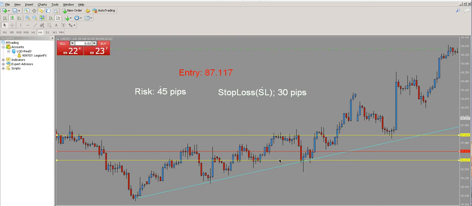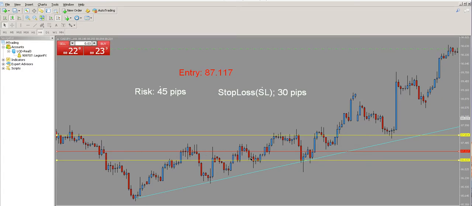You'll get a message in the Telegram. It'll pop up and say the pair that we're looking at, CAD JPY. It'll give you where we entered the market, usually the entry price of where we personally entered. For example, 87.117 would have been our entry on this pair, and that's this red line right here. So I have our entry marked up at the red line.